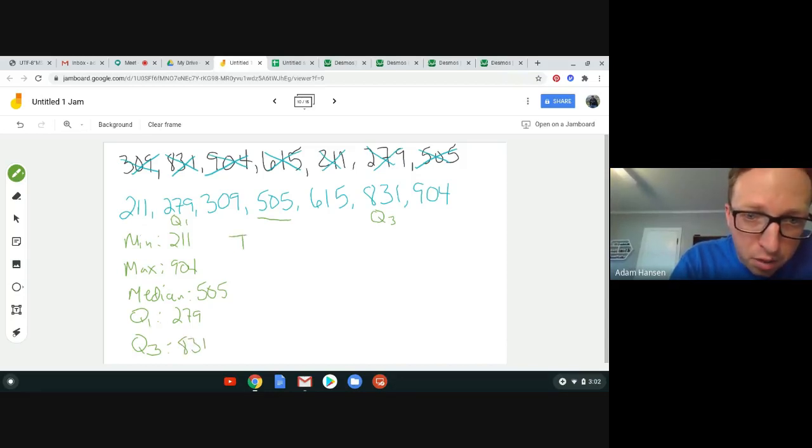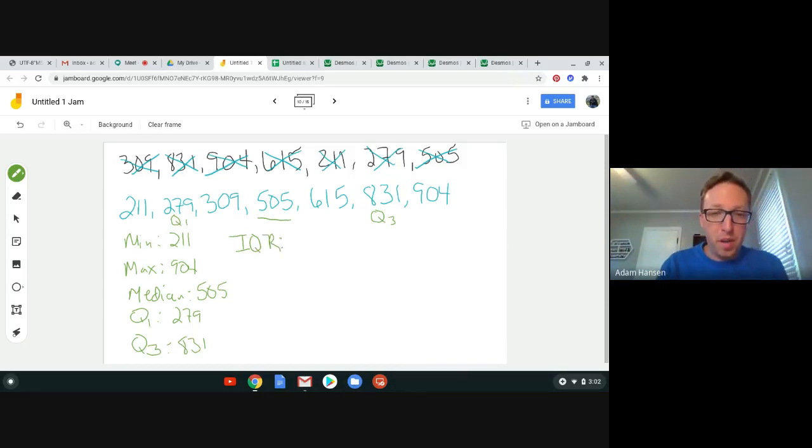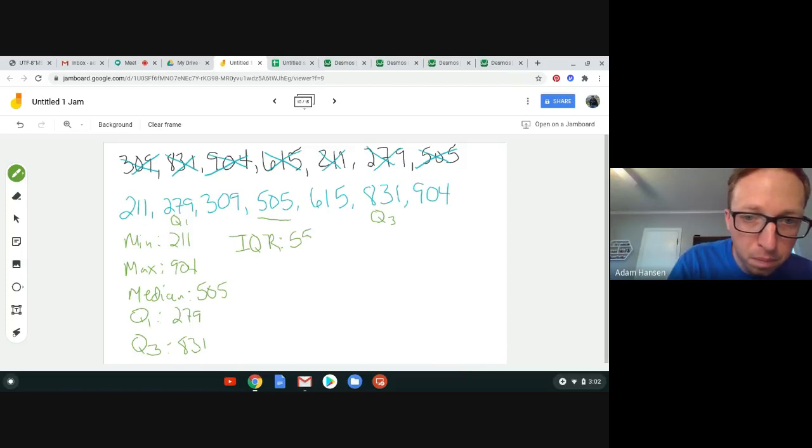Which means that the IQR is the difference in those two numbers. So 831 minus 279 is 552. Let's find the fences.